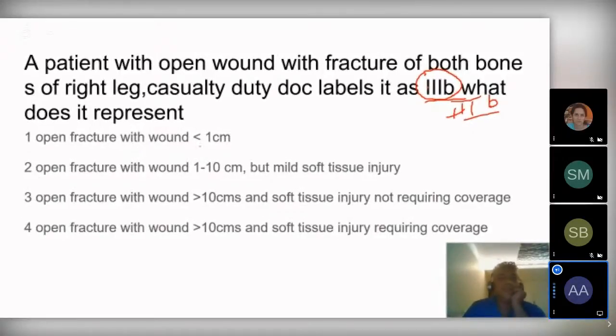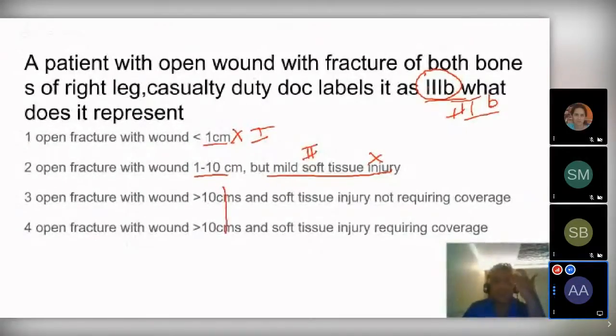Open fracture less than 1 centimeter? Definitely no. I told you this is a Gustilo Anderson 1. Open fracture 1 to 10 centimeter, mild soft tissue injury? Definitely no. More than 10 centimeter?